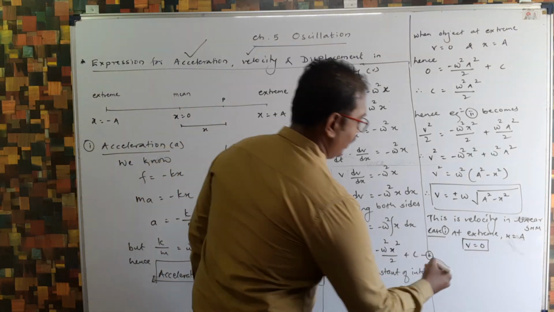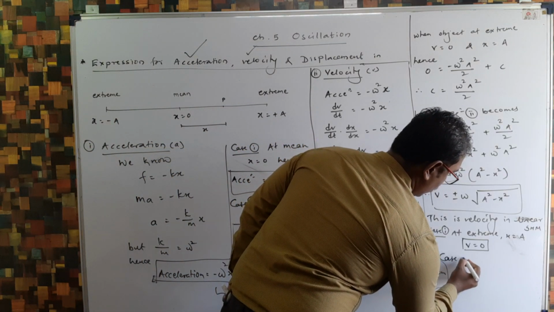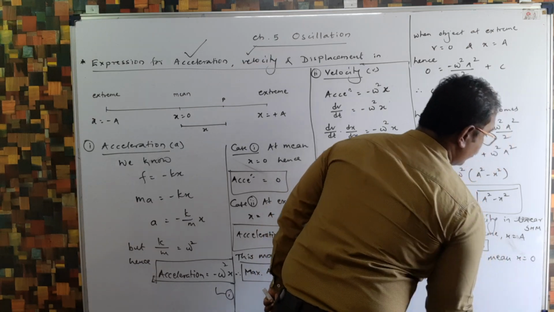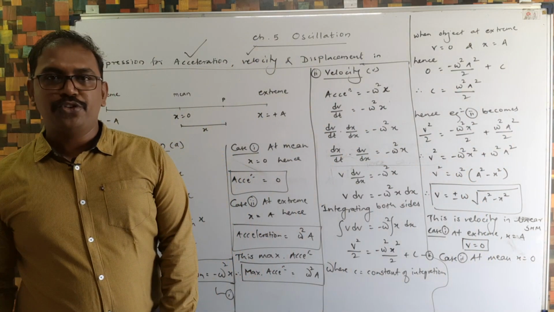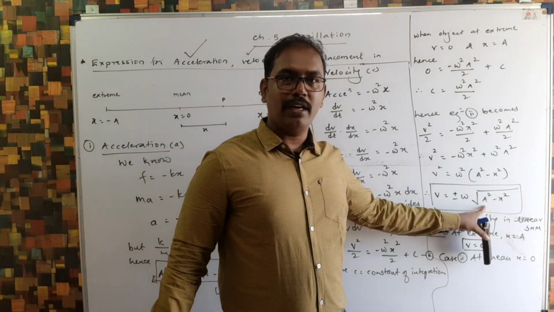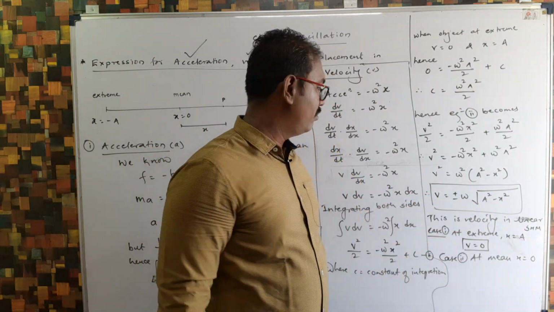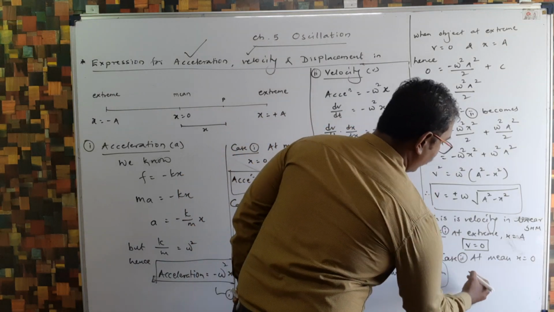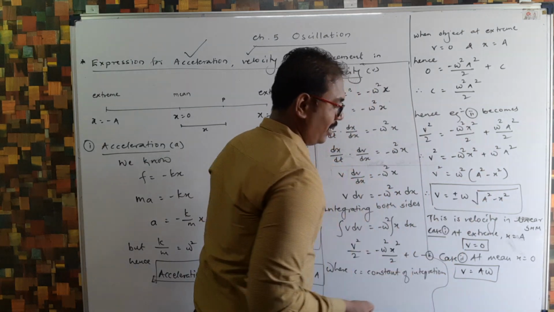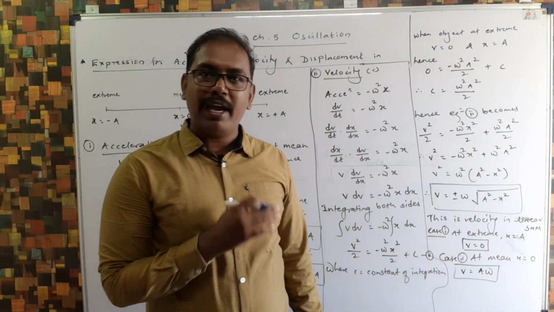Now after that, case 2. At mean, x is equal to 0. If I substitute x is equal to 0, then under root a square is a. So we get velocity is equal to a omega, plus minus I can write if I wish, but I consider the magnitude.